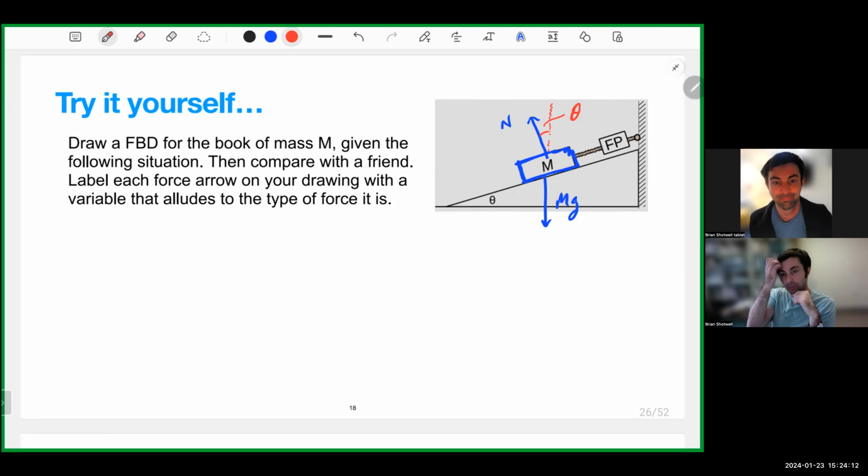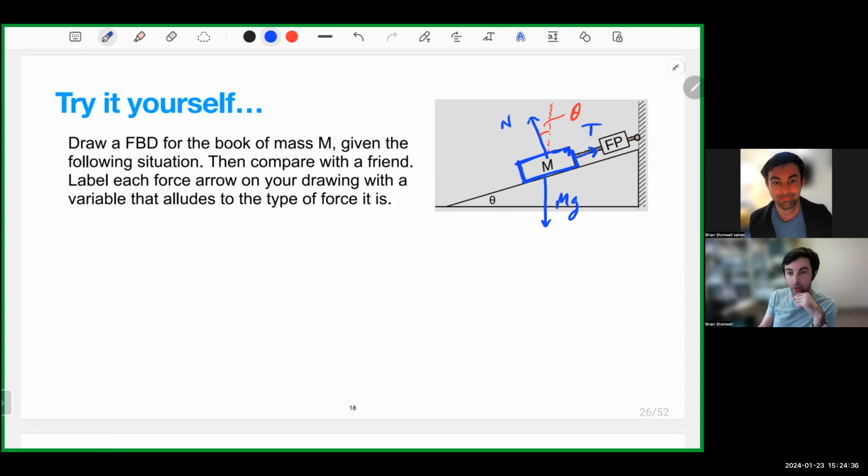It looks like from the setup of this diagram, not only is the book not floating away from the ramp and it doesn't crash into the ramp, there's no indication that it could slide down the ramp because the force probe has a cord that's attached to the mass, so it's preventing it from sliding down. So it looks like maybe it stretches out and the force probe has some reading on it. So this cord is preventing the book from sliding down.